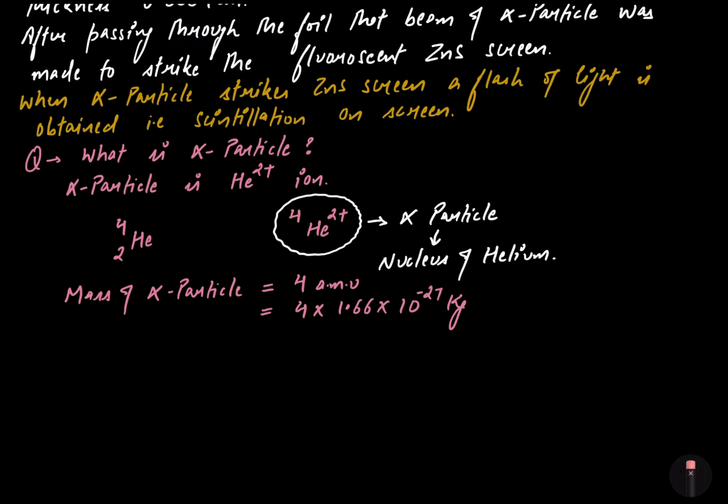It is a dipositive helium ion, which means its charge is plus 2e. It comes out to be plus 2 into 1.6 into 10 raised to the power minus 19 coulombs.